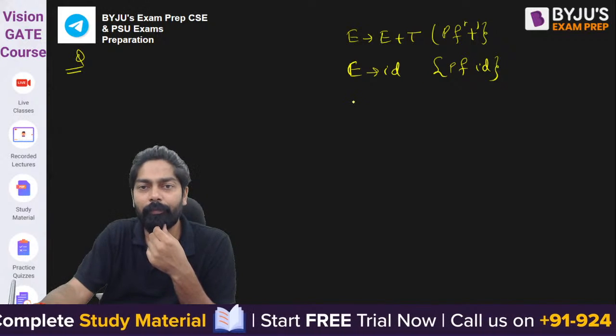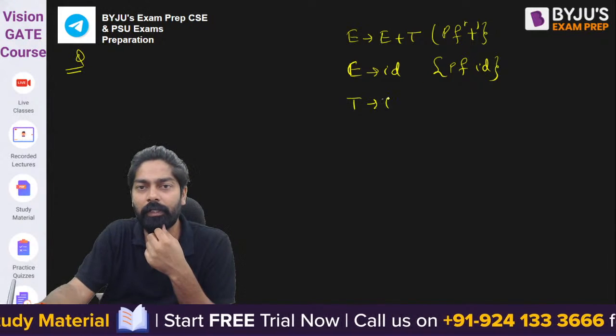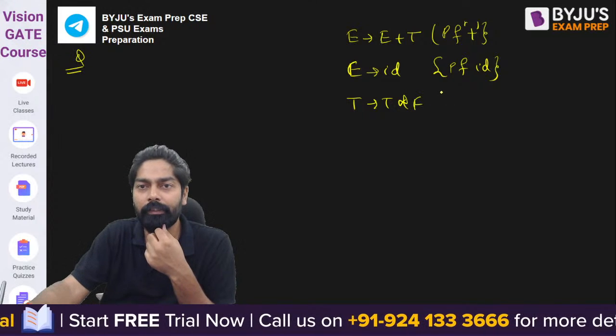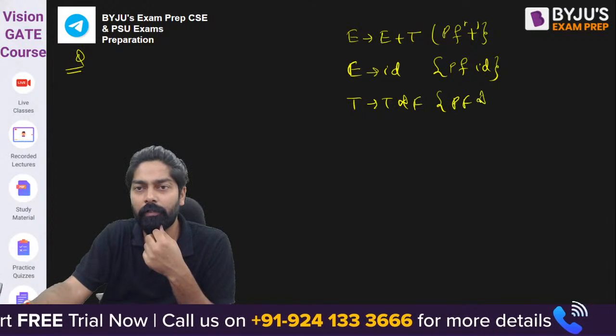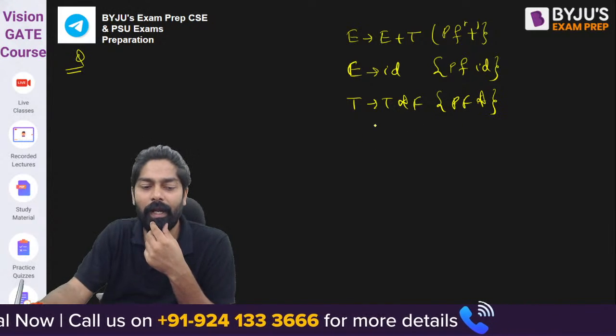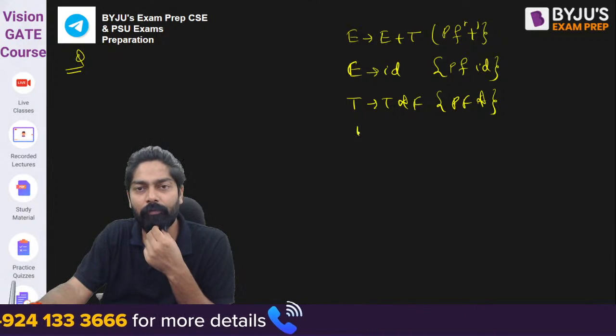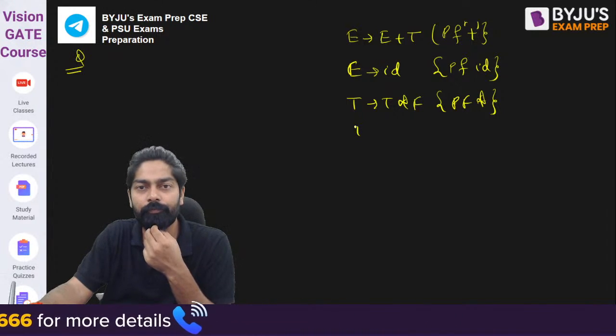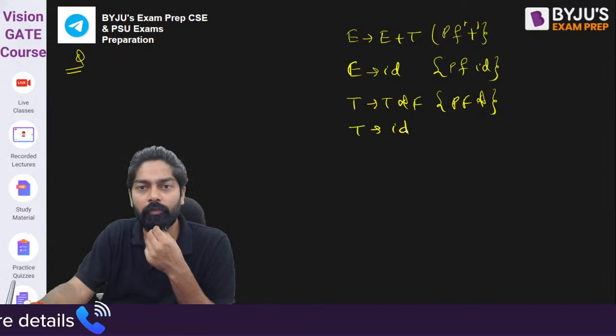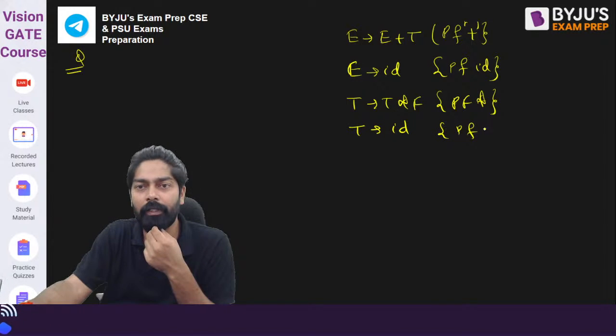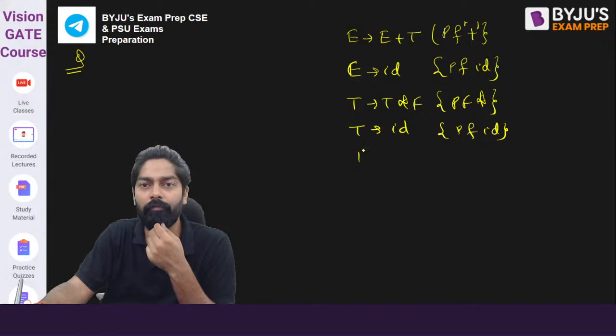And let's suppose T goes to T star F, and this is nothing but printf star. Fine, and let me take F goes to ID. This is nothing but printf ID.